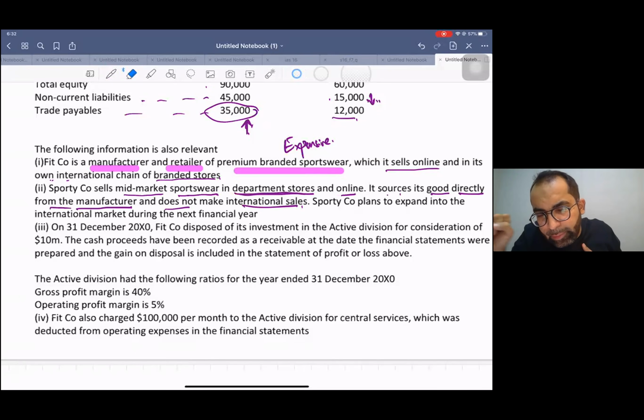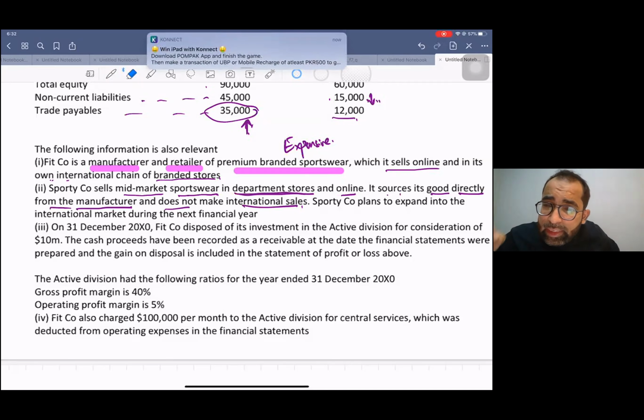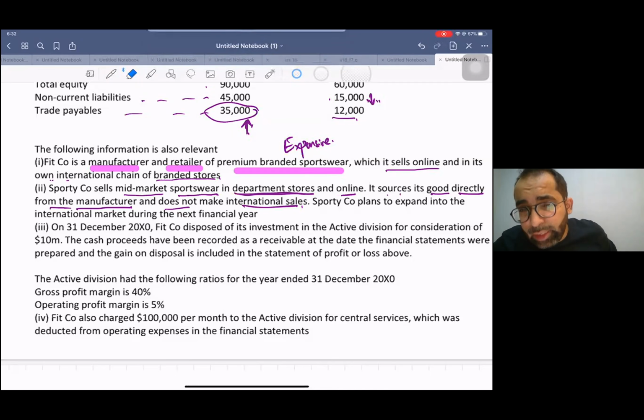They just buy ready-made goods from a manufacturer, transfer them to the departmental stores and sell them. So in this way, they can save many of their manufacturing overheads and costs, right? So there is a possibility their cost structure is different from Fit company. This point you can raise.